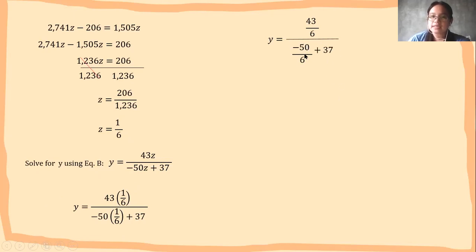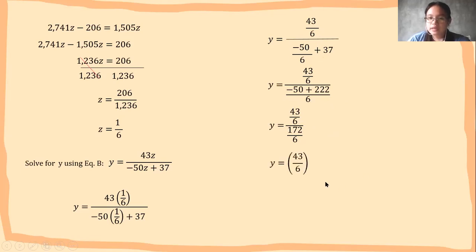So let's find the LCD, which is 6. Since they have the same denominator, let's just copy the negative 50. Then 6 times 37, we have positive 222. Then add. So we have 43 over 6 over 172 over 6. Then let's multiply and reciprocal the 172 and it will become 6 over 172.